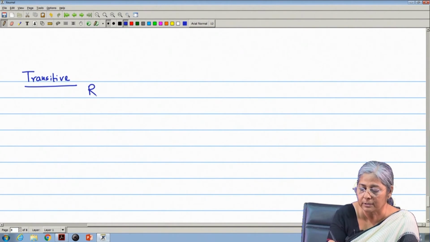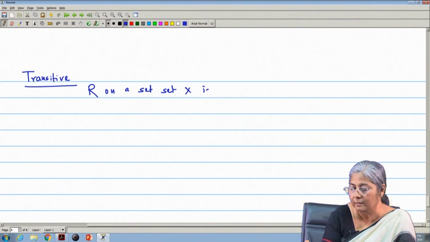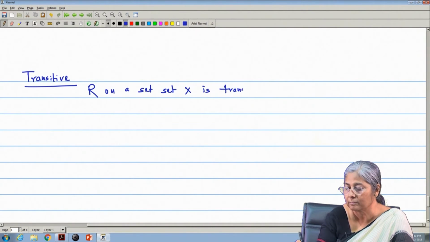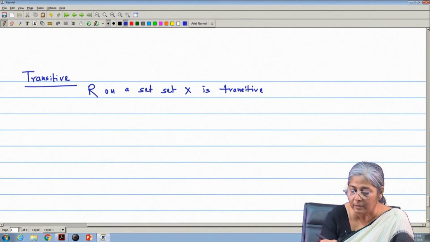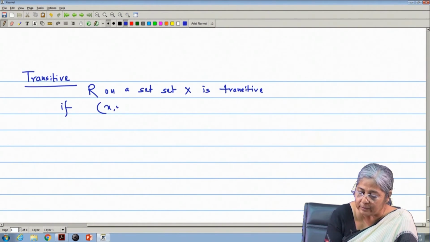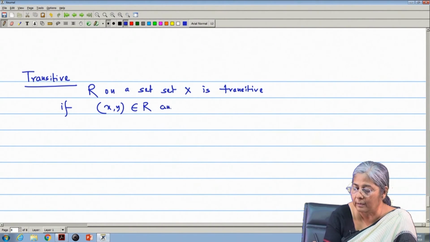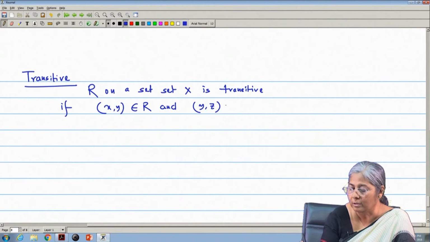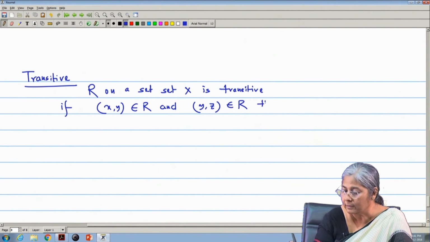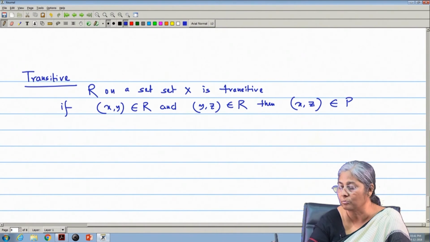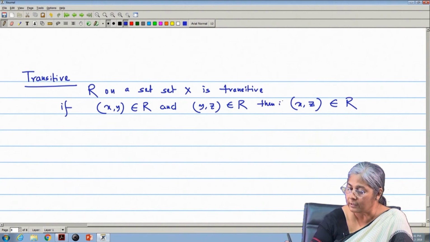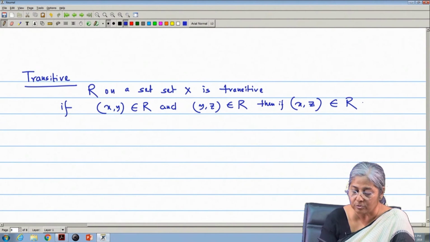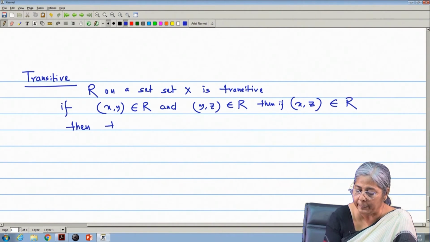So, a relation R on a set X is transitive if x y belongs to R and y z belongs to R, then x z also belongs to R. Then the relation is transitive.